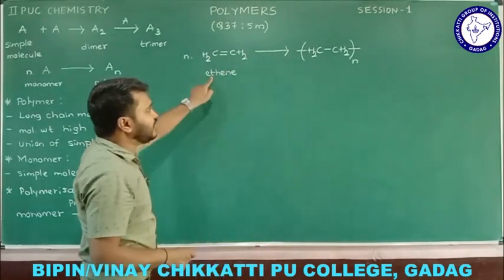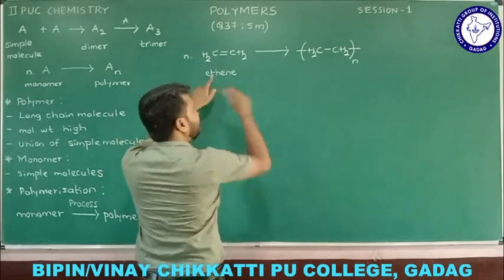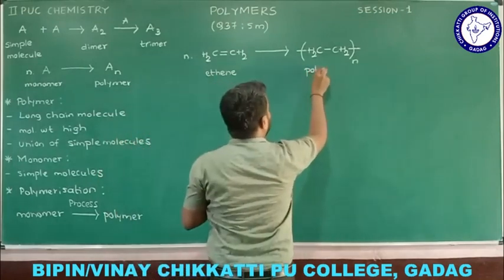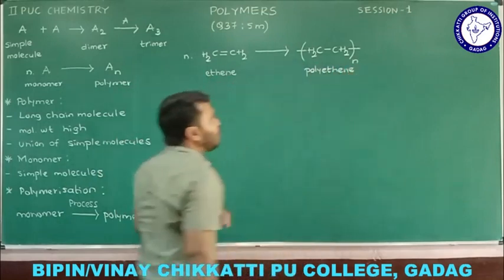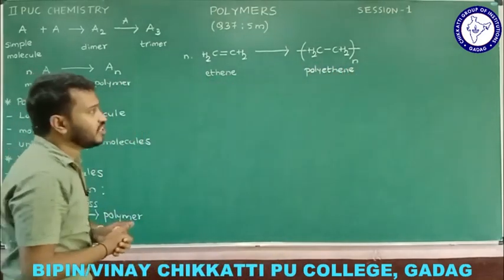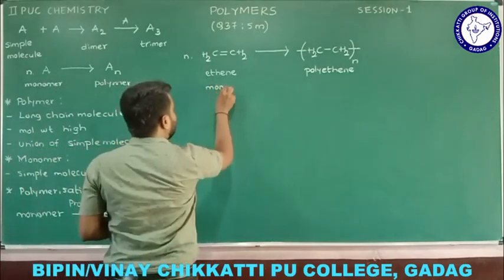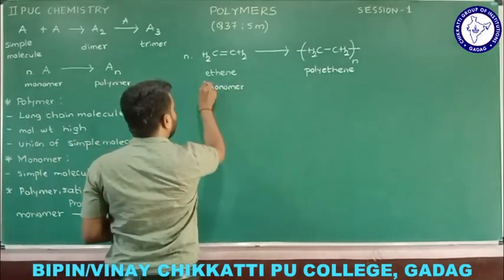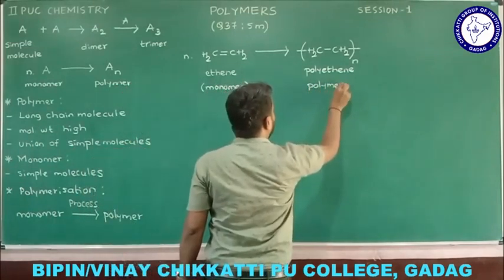And ethene is a monomer, okay, and what is the polymer of that? We call it polyethylene. Usually we consider polyethylene, okay. And try to know, this will be the monomer and this is the polymer we are going to write.